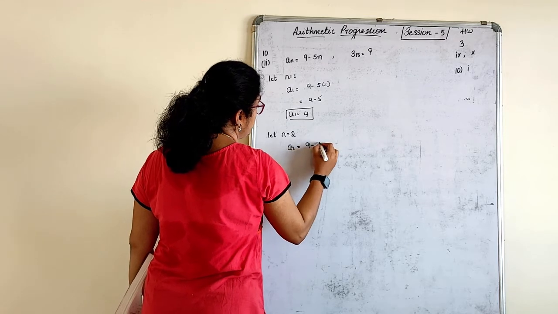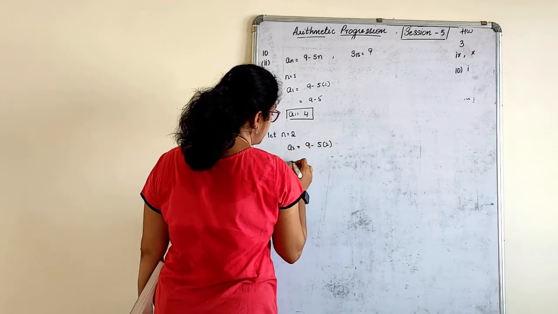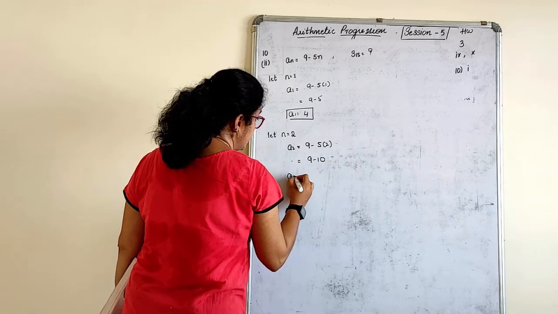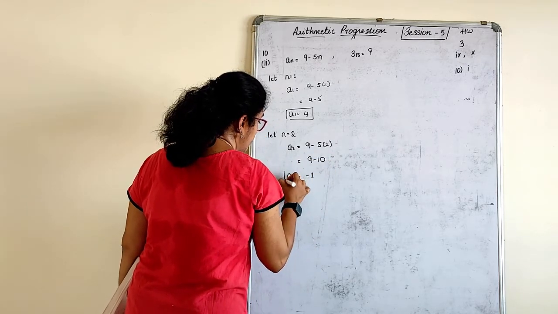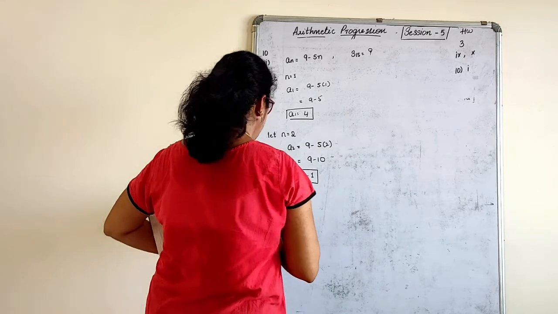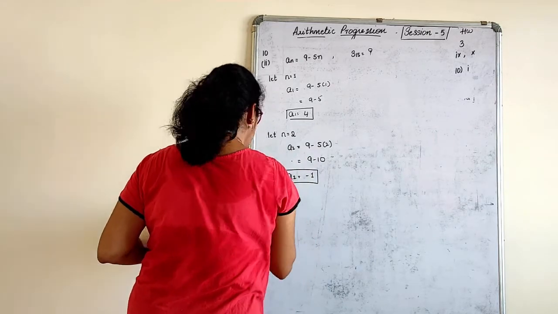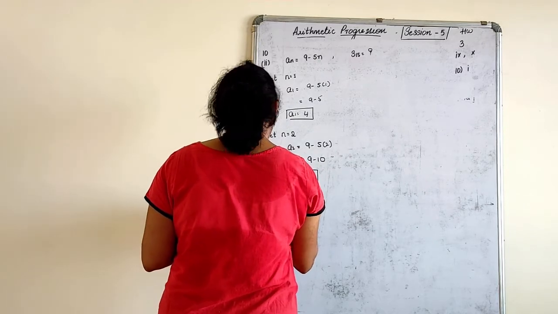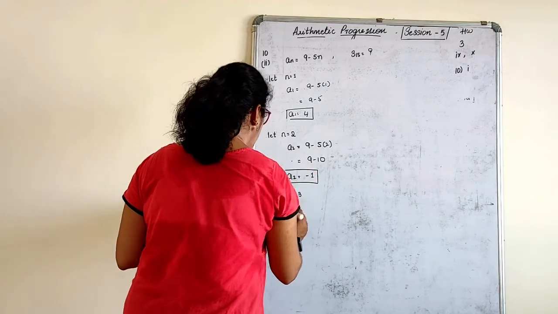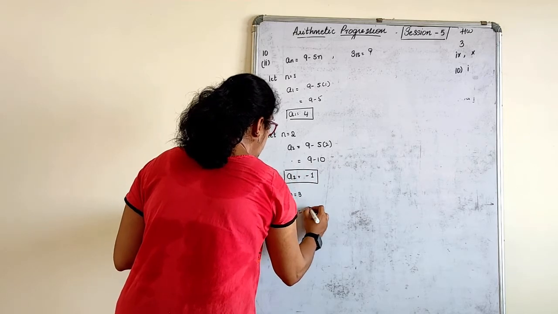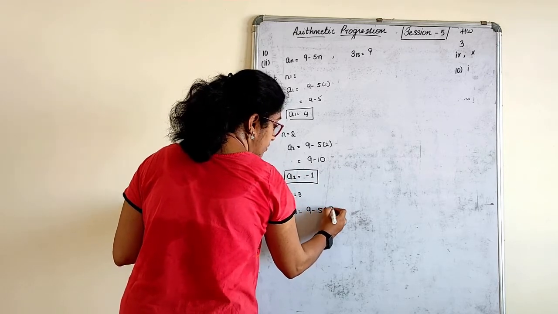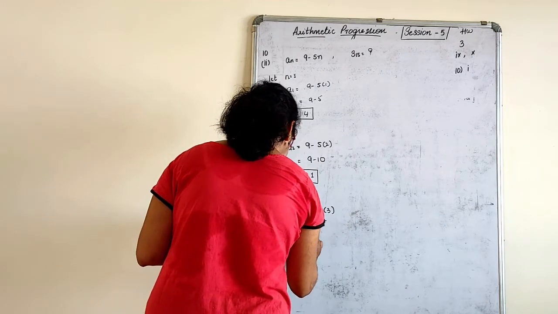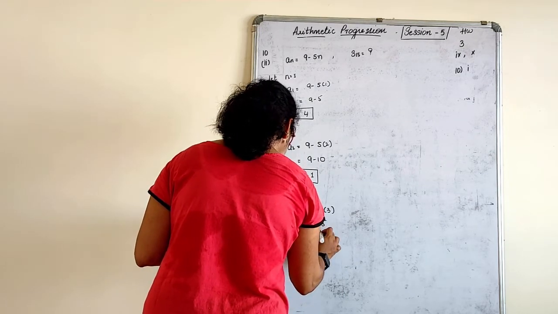A2 is equal to 9 minus 5 into 2, 9 minus 10. A2 is equal to minus 1. Let n is equal to 3. A3 is equal to 9 minus 5 into 3, so 9 minus 15. A3 is equal to minus 6.